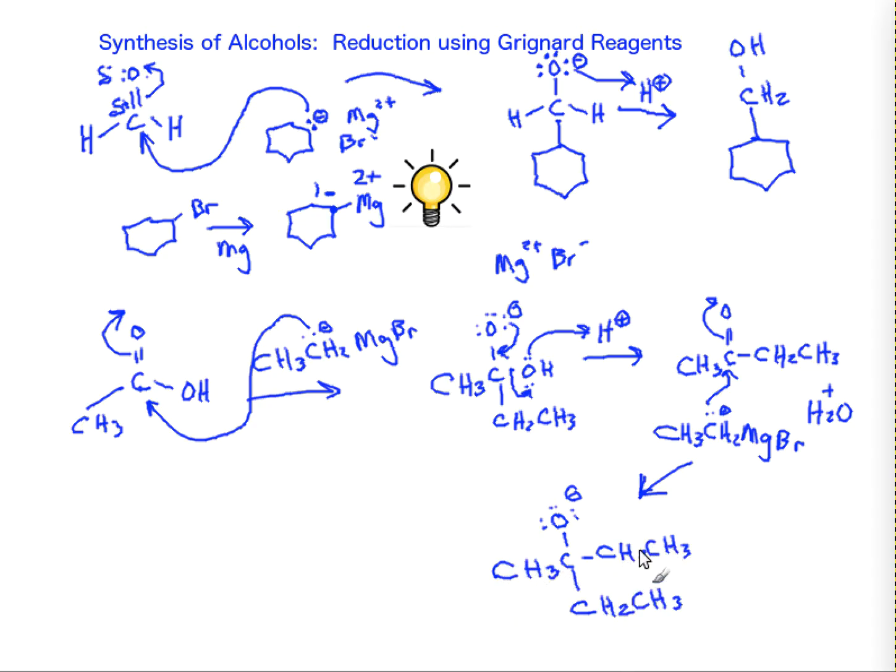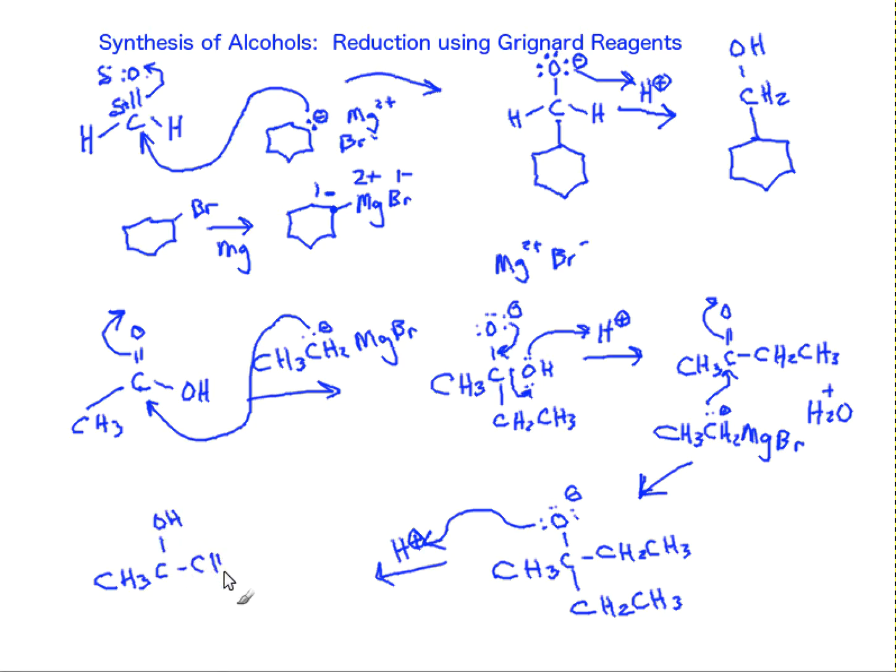So we finish the reaction through a simple protonation of that oxygen. And in this case, our final product, let me just put this in parentheses, is a tertiary alcohol.